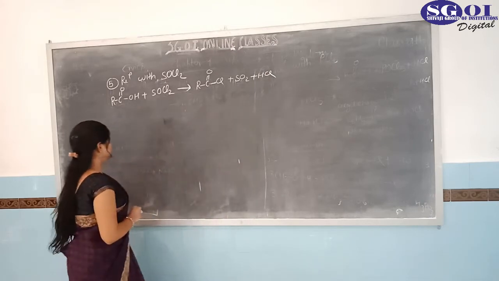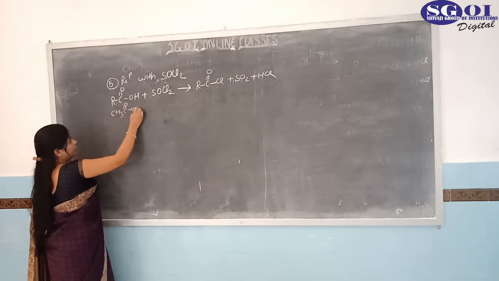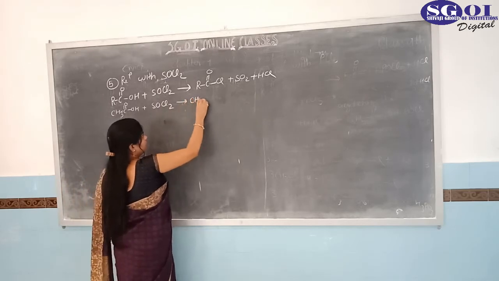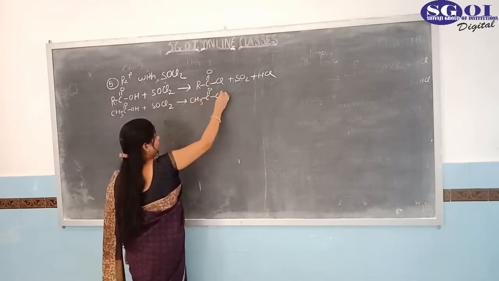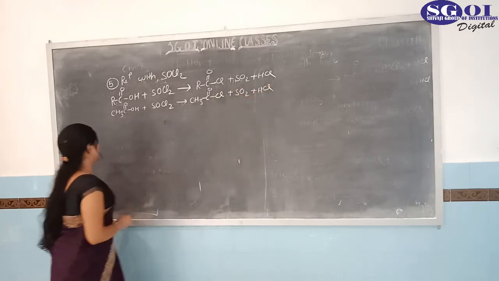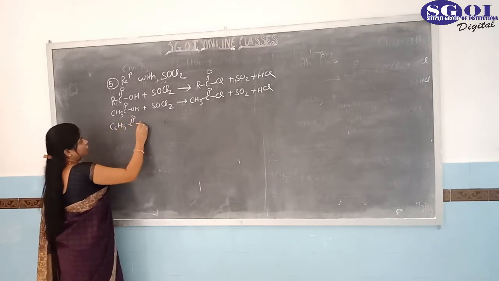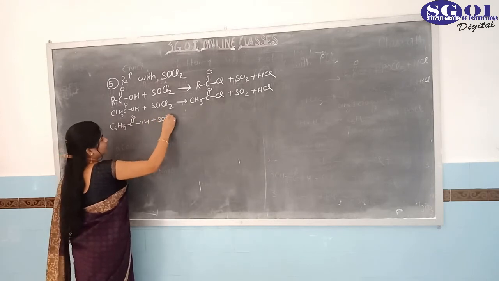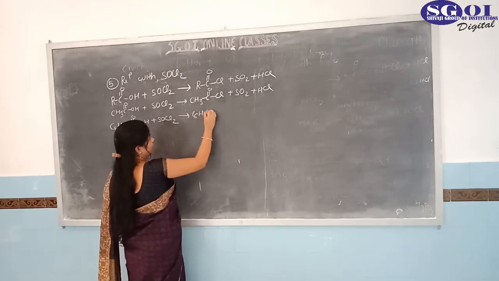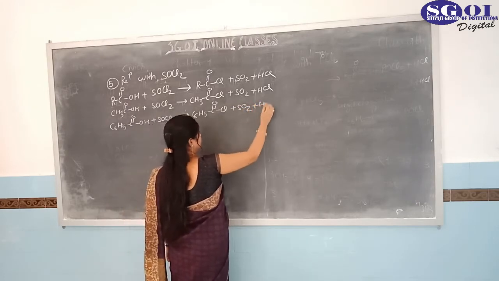Now when acetic acid, CH3COOH, reacts with thionyl chloride, it gives CH3COCl plus SO2 plus HCl. And when benzoic acid, C6H5COOH, reacts with thionyl chloride, SOCl2, it gives benzoyl chloride, C6H5COCl plus SO2 plus HCl.